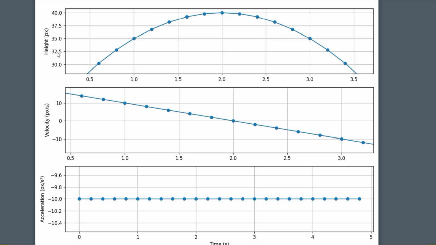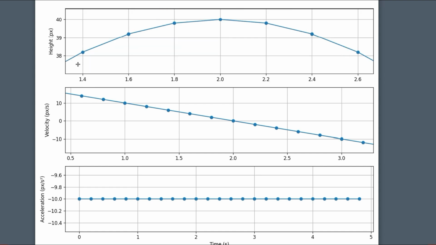For example, if we take 30, what else can we take? Let me take something like this. This is around 1.4 and 2.6.